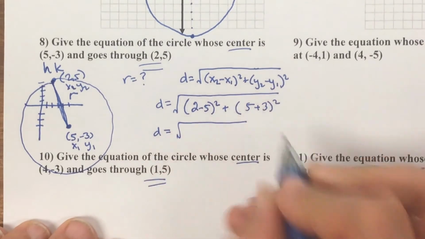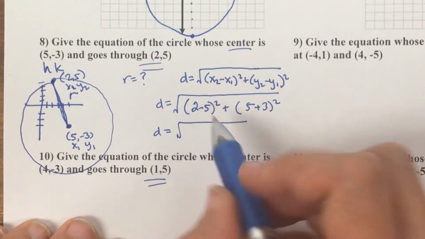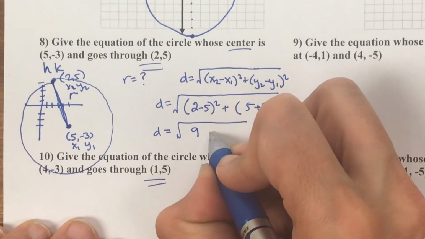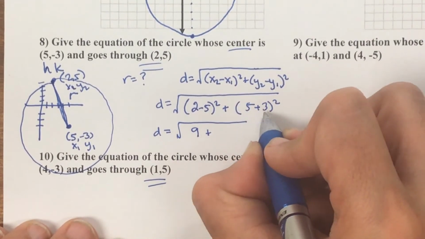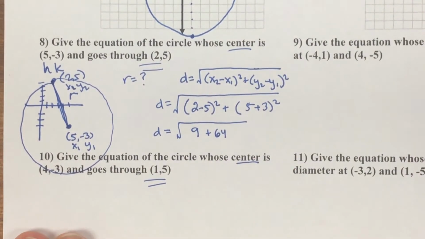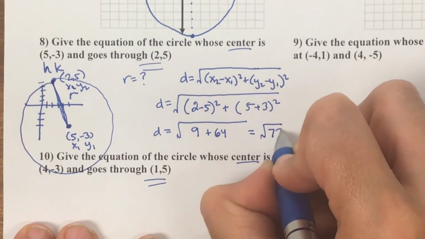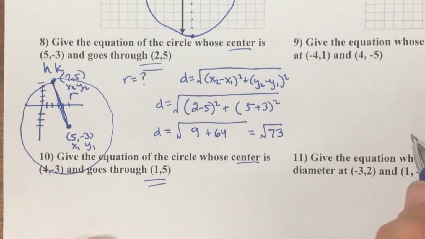Clean that up. You're going to get negative 3 squared, so 3 squared is really just 9, plus 5 plus 3 is 8, 8 squared is 64. And then that adds up to be the square root of 73, which is not a beautiful number, and that's okay.